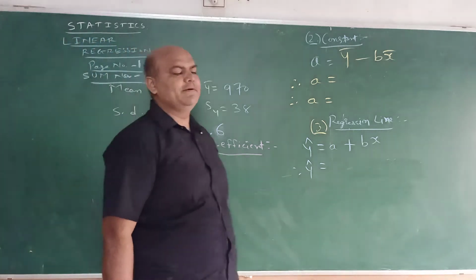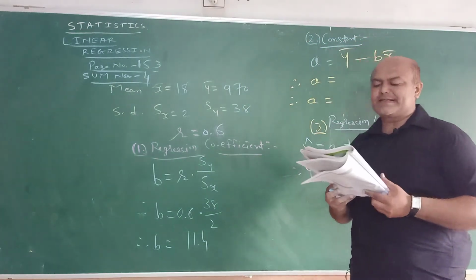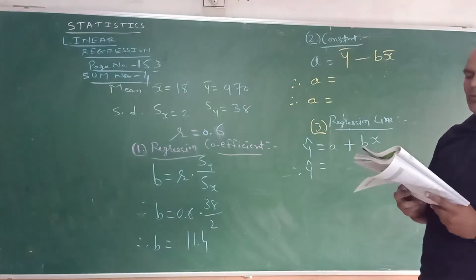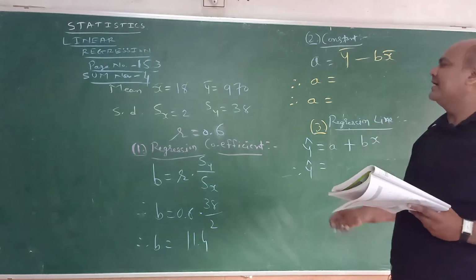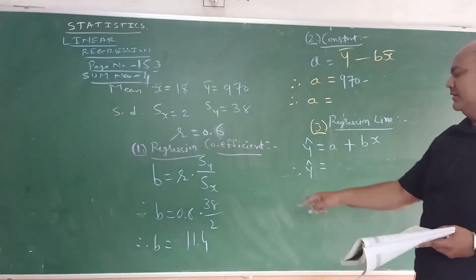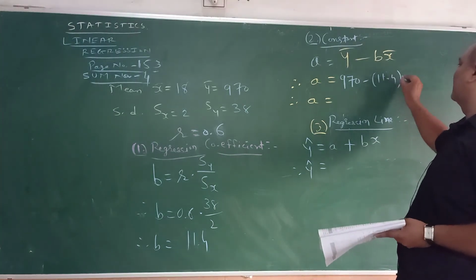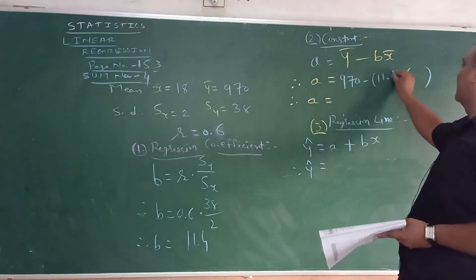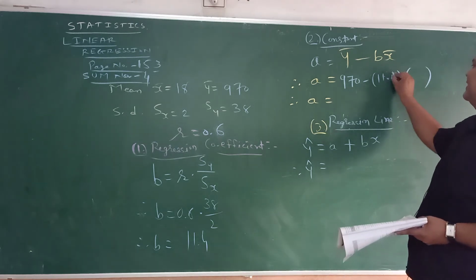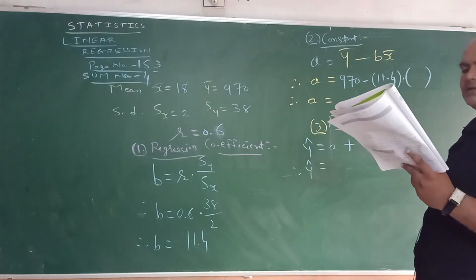After the regression coefficient, we find the constant. Constant is A. A is equal to y bar minus b x bar. Now, y bar is already given: 970 minus b, which is 11.4 as we found, and x bar is 18.